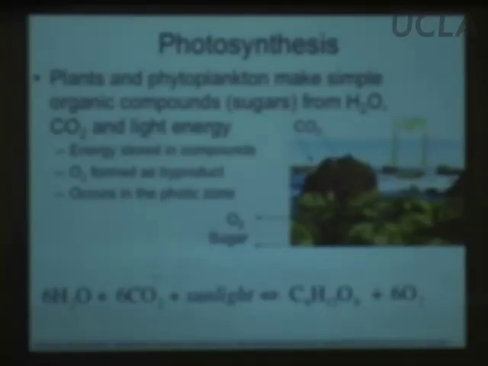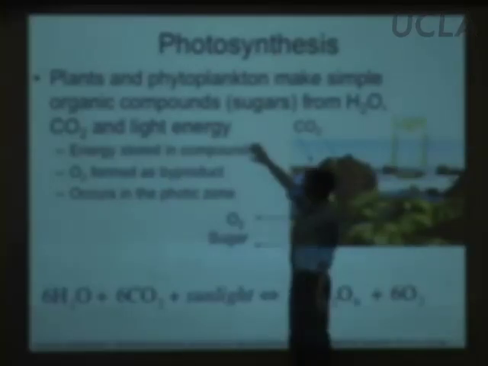Okay? So they make things like sugars, which is stored chemical energy, and they make it from water, from carbon dioxide, using sunlight energy. Okay? So this is a transformation of sunlight energy into chemical energy that they can then carry around with them and use whenever they want it.